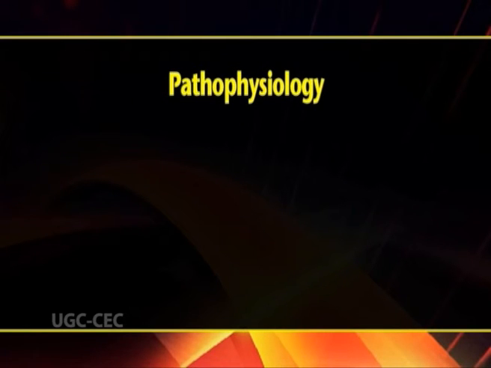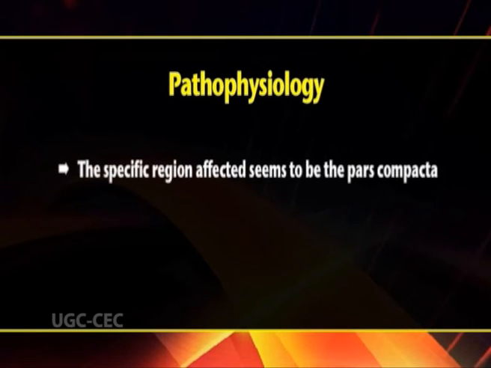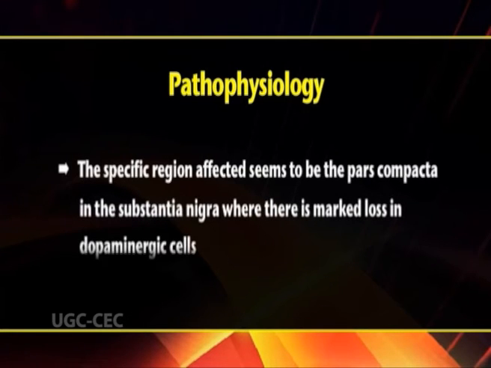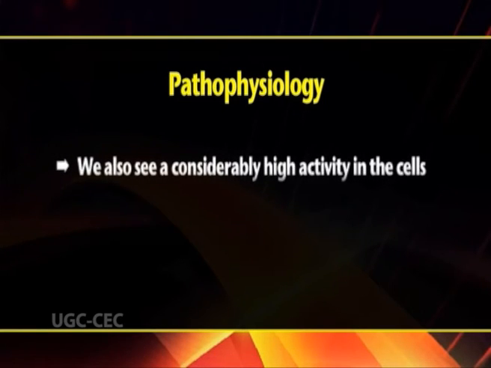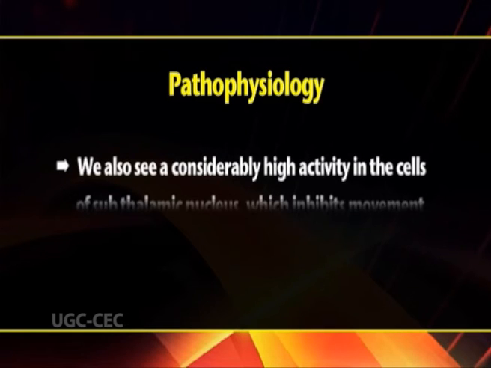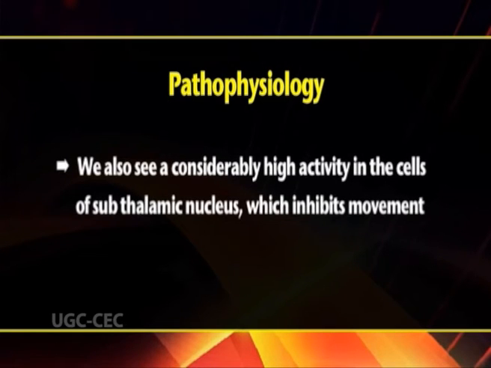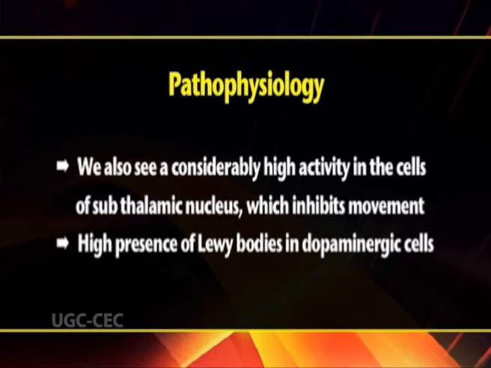Now the pathophysiology. The specific region affected seems to be the pars compacta in the substantia nigra, where there is a marked loss in dopaminergic cells. We also see a considerably high activity in the cells of the subthalamic nucleus, which inhibits movement. High presence of Lewy bodies in dopaminergic cells.